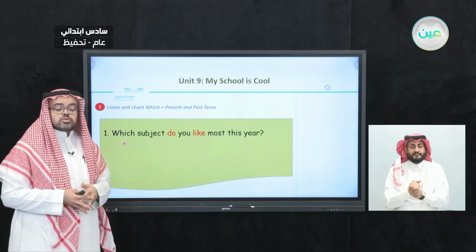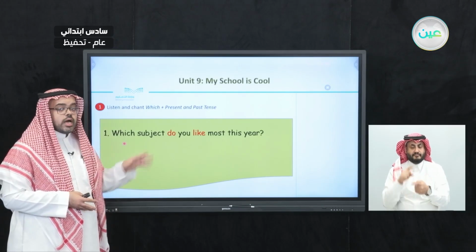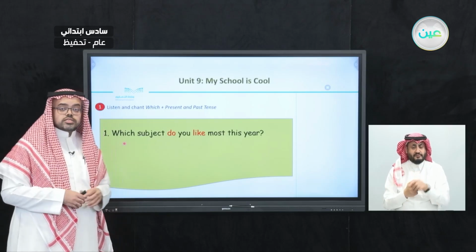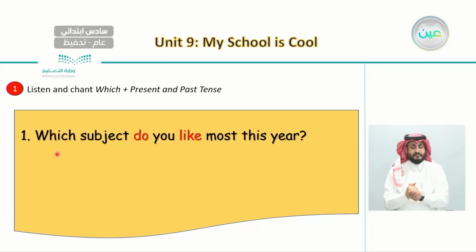So let's start with the first question. I'm going to say the first question and I would like you to say it after me. Number 1. Which subject do you like most this year? Which subject do you like most this year?